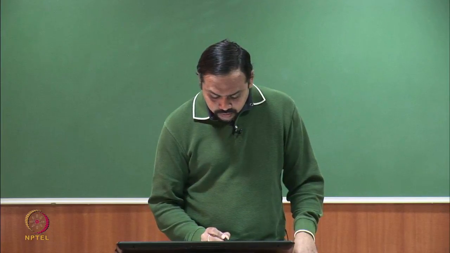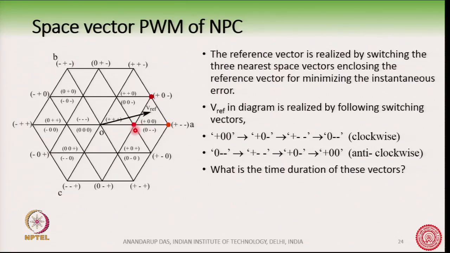We go to the switching states for this vector, which are plus 0 0 and 0 minus minus, and this vector has a switching state combination of plus minus minus, this has plus 0 minus. So, when we switch these vectors, we go by this switching sequence, either this one or this one.